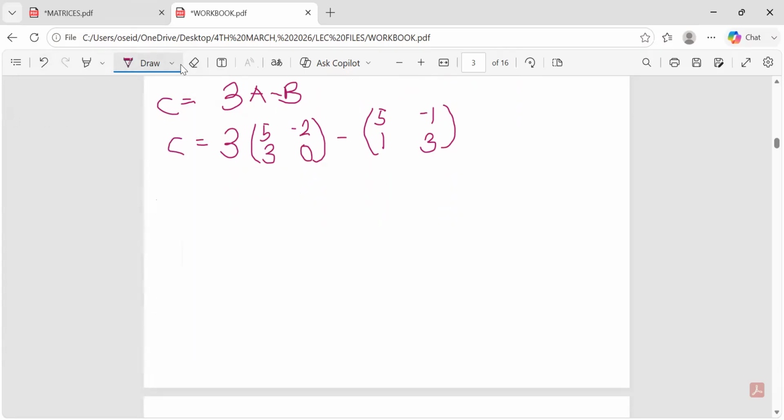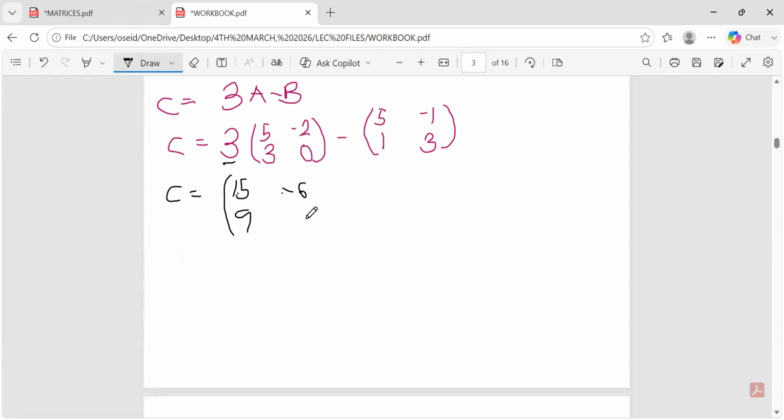So 3 becomes a scalar. So over here, 3 becomes a scalar. So C will be equal to, let's multiply. 3 times 5 is 15. Then 3 by 3 is 9. 3 times -2 will give you -6.